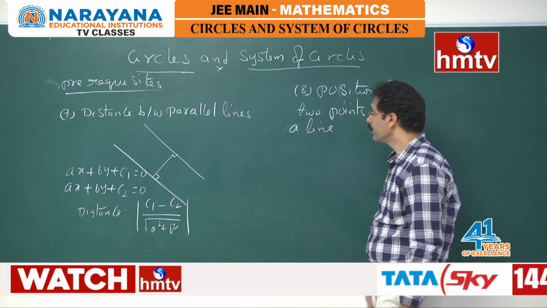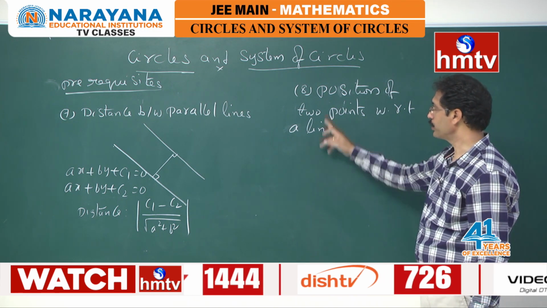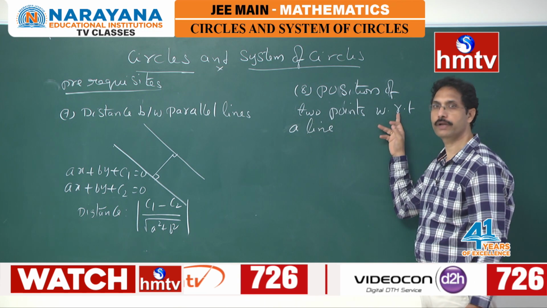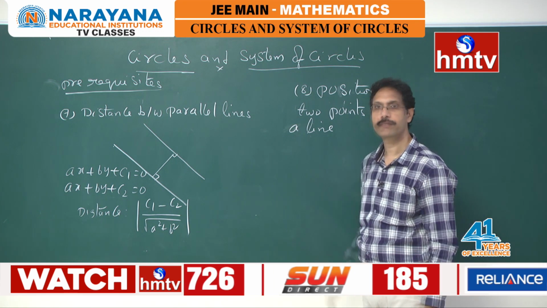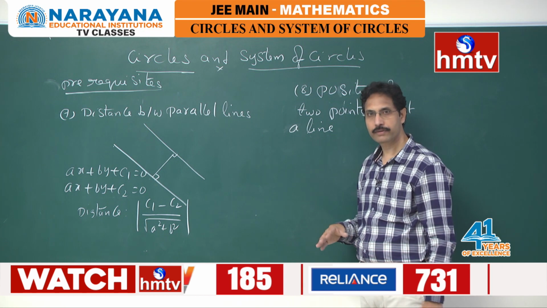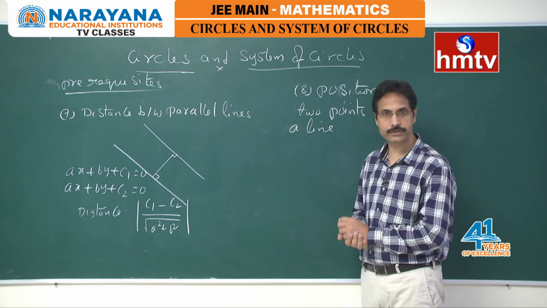Now, we will go to the position of a point with respect to a line, the position of 2 points with respect to a line. That means, if we consider 2 points and a line, those 2 points may lie on the same side of the straight line or on opposite sides of the straight line.